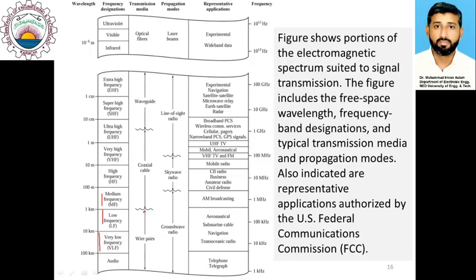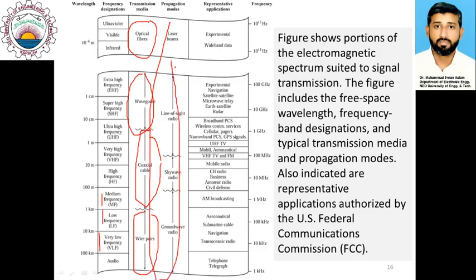Generally at low frequencies we use copper wires. At relatively higher frequencies we use coaxial cables or free space communication. At even higher frequencies we need to use free space or waveguides, and at even higher frequencies we have to use optical fibers. And the type of propagation that is needed in that particular type of medium is also illustrated here, and different applications used in that particular frequency band are also listed here.